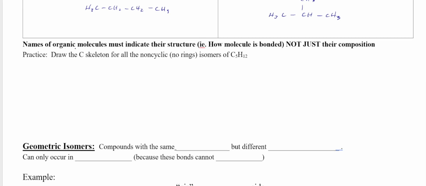Okay, so the carbon skeleton would just be this, 1, 2, 3, 4, 5. That could work out, right? Alternatively, you could do it like this, right? And the last arrangement could be like this. In all of these cases, you will always have C5H12, which makes all 3 of these structural isomers.